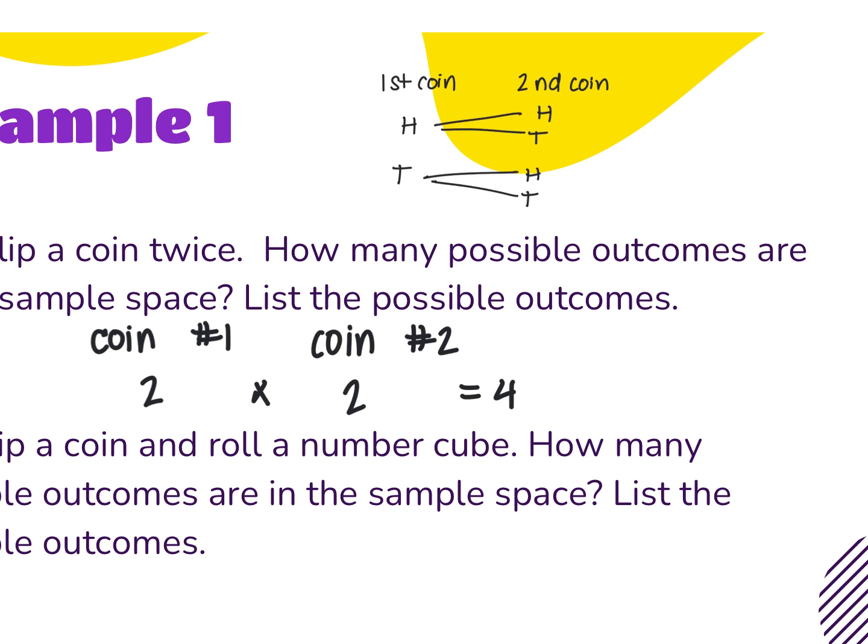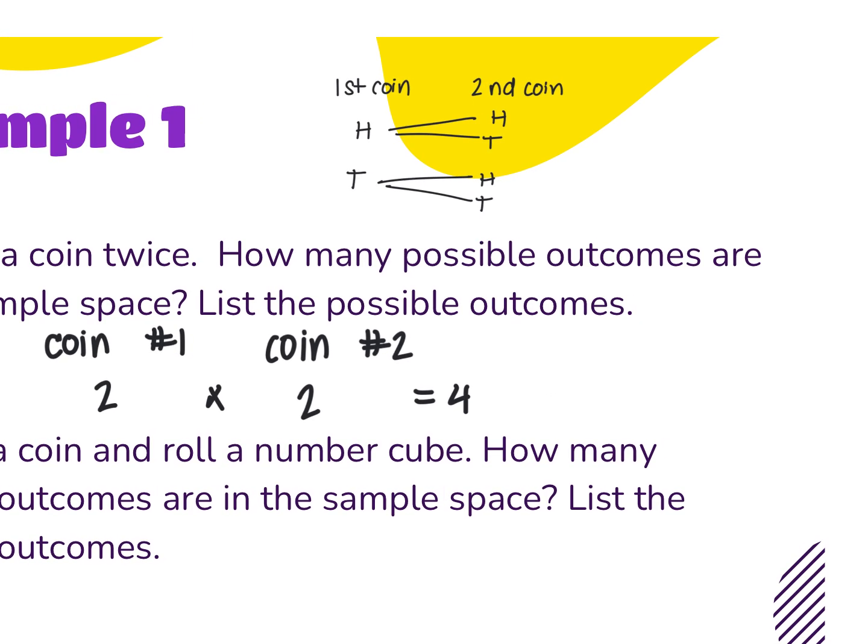This is the outcomes. There were a total of 4 possible outcomes. What are my outcomes? I could either get heads heads, heads tails, tails heads, and tails tails. Okay, so those are my possible outcomes of me flipping a coin twice. I could get any one of those patterns per se.